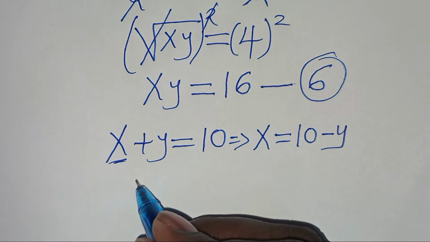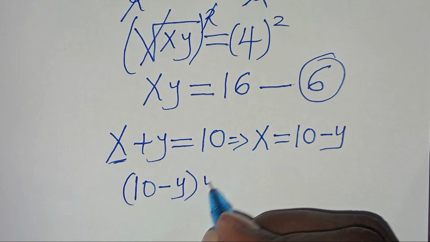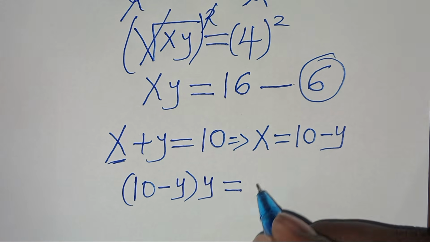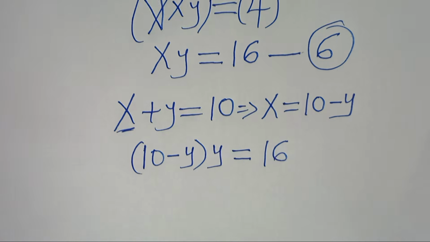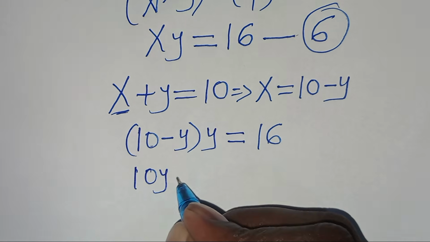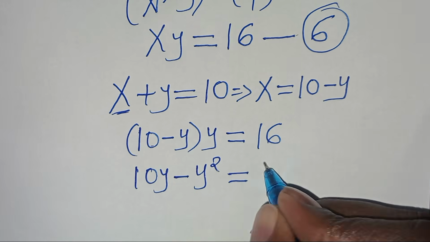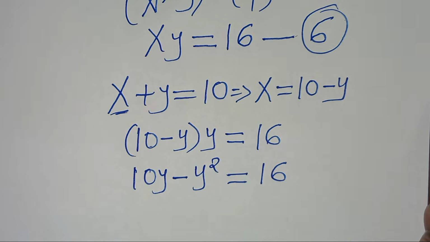So we have 10 minus y multiplied by y, which is equal to 16. So 10 times y is 10y minus y squared, equal to 16.